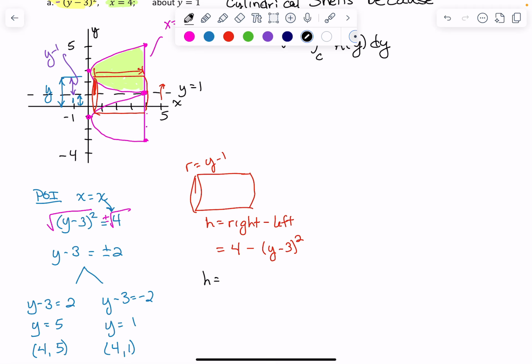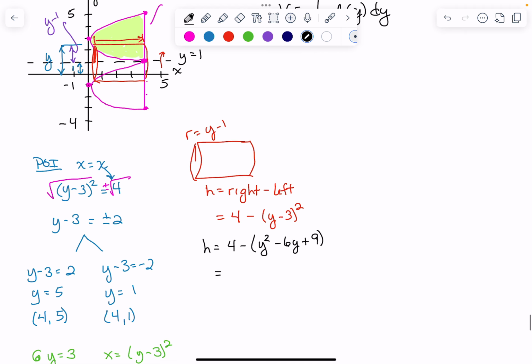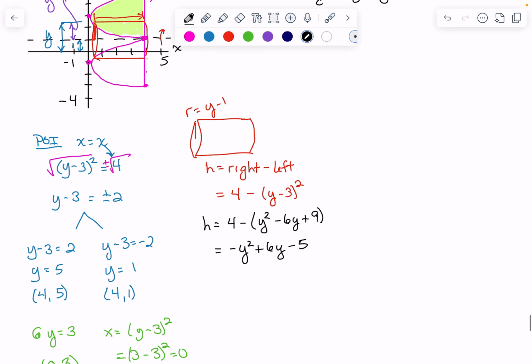So h is going to be 4 minus this quantity, all enclosed, y squared minus 6y plus 9. And so if I distribute, I'm going to get a negative y squared plus 6y. I'll have 4 minus 9, so I'll get a minus 5. All right?